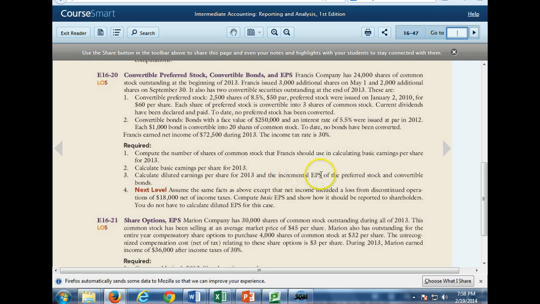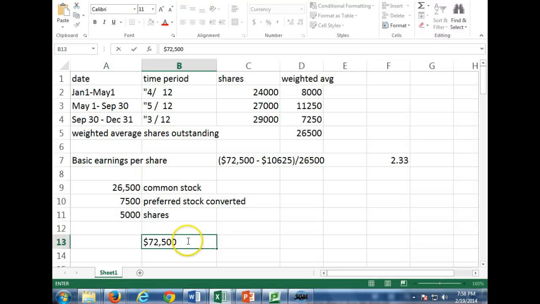Diluted earnings and the incremental earnings per share of the preferred stock and convertible bonds. Convertible bonds have an interest rate of 5.5% and were issued at par in 2012. Each 1,000 is convertible into 20 shares. No bonds have been converted. For some reason I'm missing something, but I'm going to tell you what we're doing. To be honest with you, I've got to figure out what I'm doing.